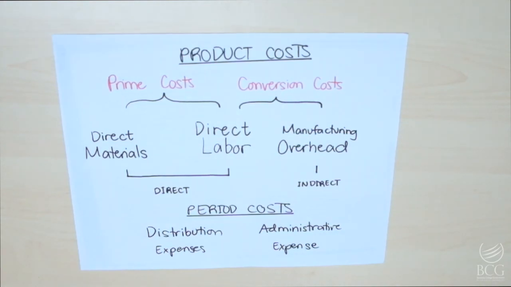And if you add the direct labor and manufacturing overhead, then you would have what you call the conversion costs. Prime costs are called so because without them, the product could not be made. And conversion costs are called so because these are the ones that convert the materials to the finished product.